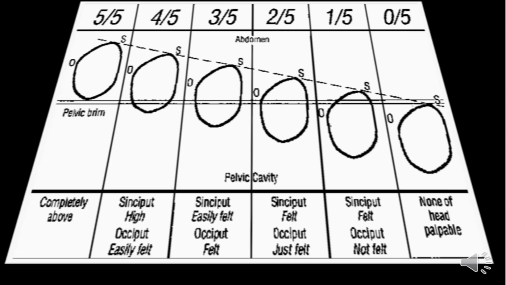Now, 4/5 above the pelvic brim and 1/5 below. 3/5 above the pelvic brim and 2/5 below. 2/5 above the pelvic brim and 3/5 below. That's now engaged. Now the head is engaged. 1/5 above and completely engaged. So no head is palpable abdominally.